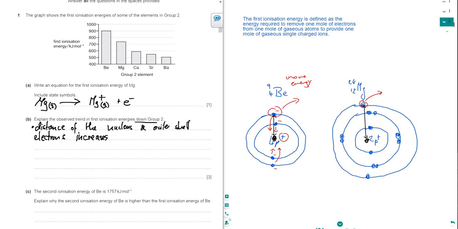And here it already says down group 2, so we don't need to mention that. We are going down the group, distance of the nucleus and outer shell electrons, so between the nucleus and outer shell electrons, not of between.